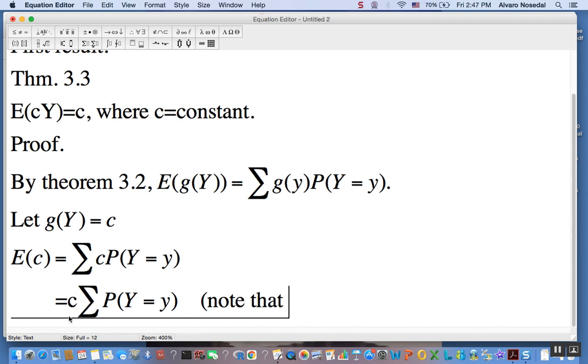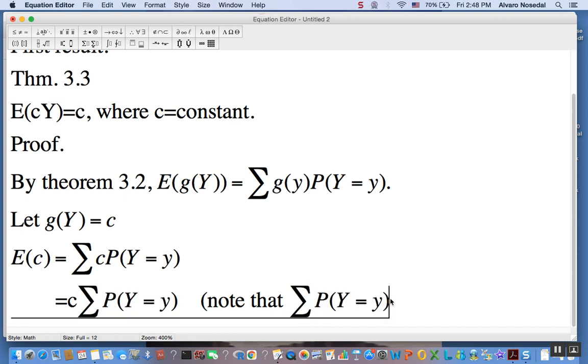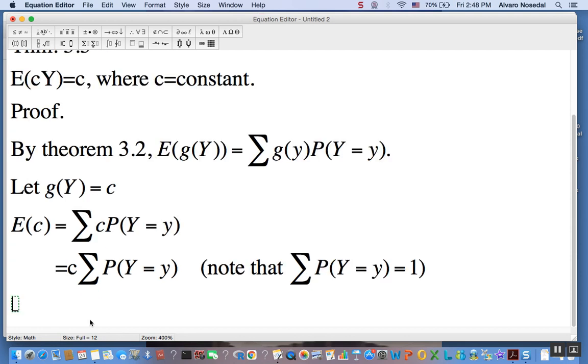Note that this is 1, because we're doing this for all possible values of y. So what we have here is c times 1, which is c, which is what we wanted to show. And we're done, right? Very simple. We just applied theorem 3.2.